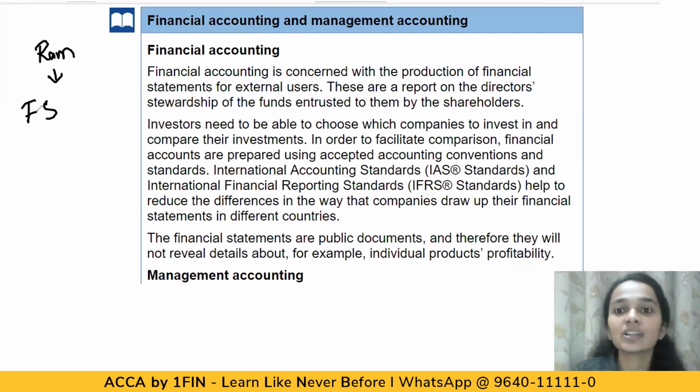So financial accounting is basically making the financial statements of a business for the purpose of external users. It is not for the internal management. It is for the external users who depend on the financial statements of the company in order to make their decisions.